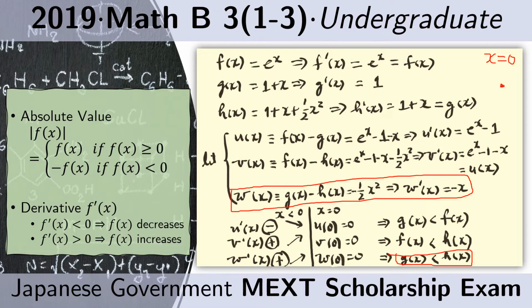Derivative, because we already know the value at 0. If the derivative is positive, what that means is that to the left of 0, the value of, let's say, u of x just keeps increasing until it reaches 0. That's what it means for u of x to have a positive derivative. If the derivative is negative, the value of u of x just keeps decreasing until it reaches 0.